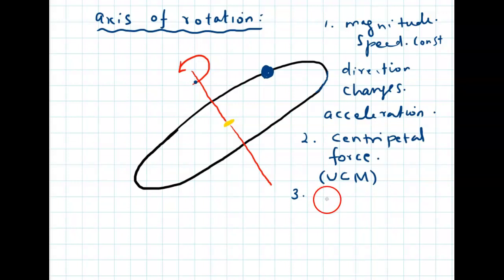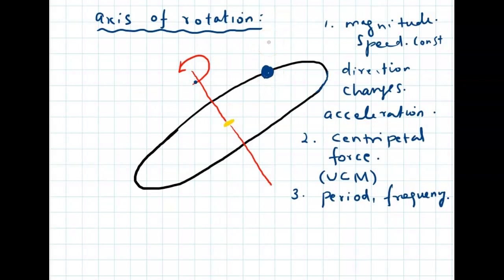Another one, it is a periodic motion with a definite period and frequency. In uniform circular motion, what is the period? The time taken for one complete circle. For example, the period for the Earth to revolve around the Sun is 365 days.